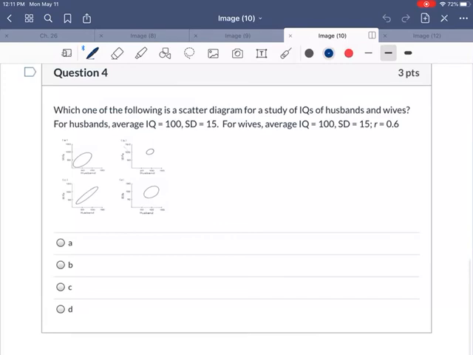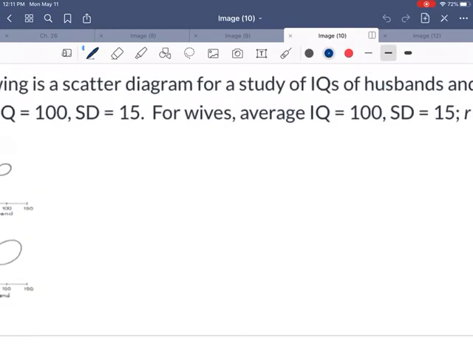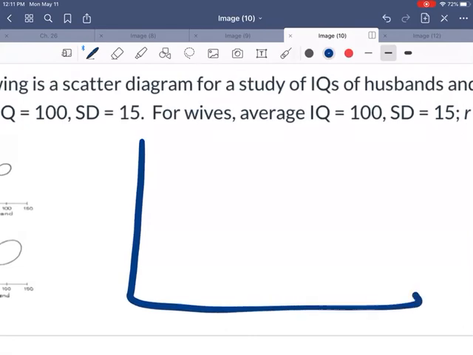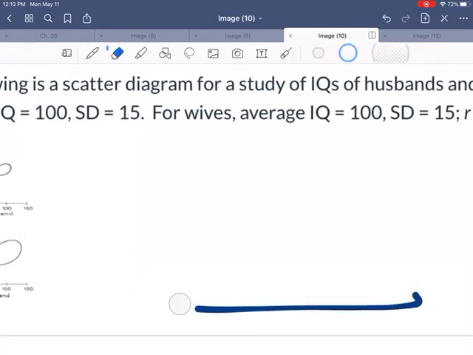Question 4. Okay, this is one that a lot of people missed, actually. Which of the following is a scatter diagram for a study of IQs of husbands and wives, for which husbands have an average of 100 with a standard deviation of 15, and same thing for the wives.